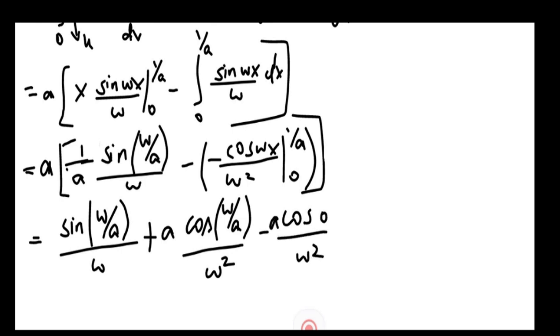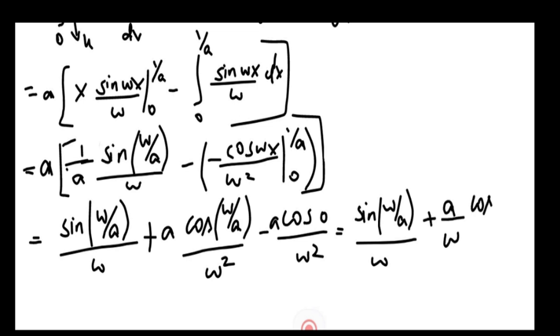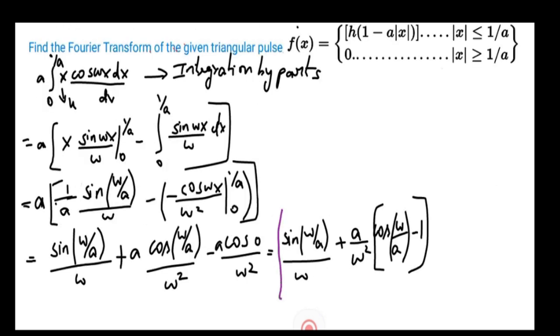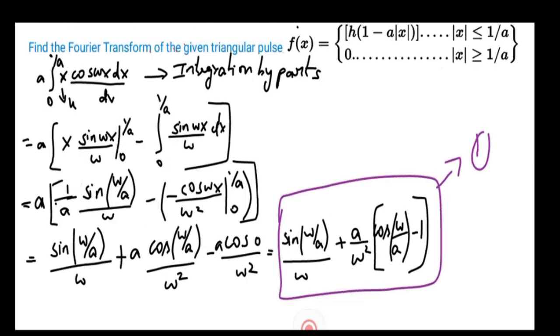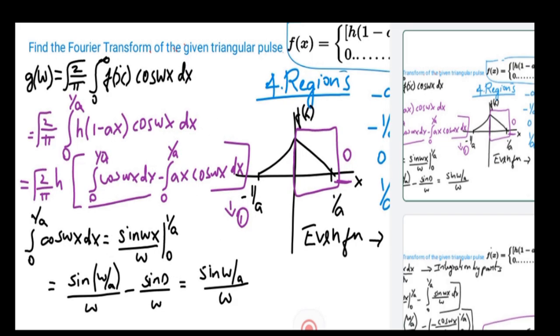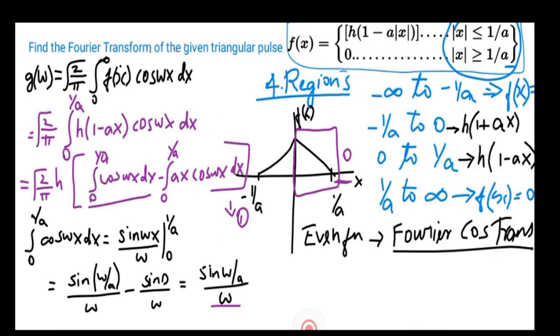So the first term will be as it is, sine omega over a by omega, plus a by omega square. In the second and third terms, we take a by omega square outside, so a by omega square times the remaining terms, cos omega over a minus 1, because we know cos 0 is 1.